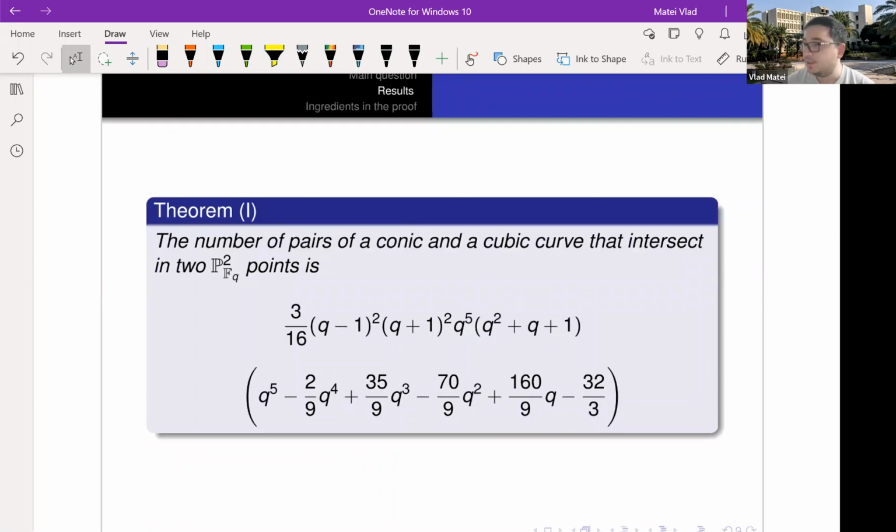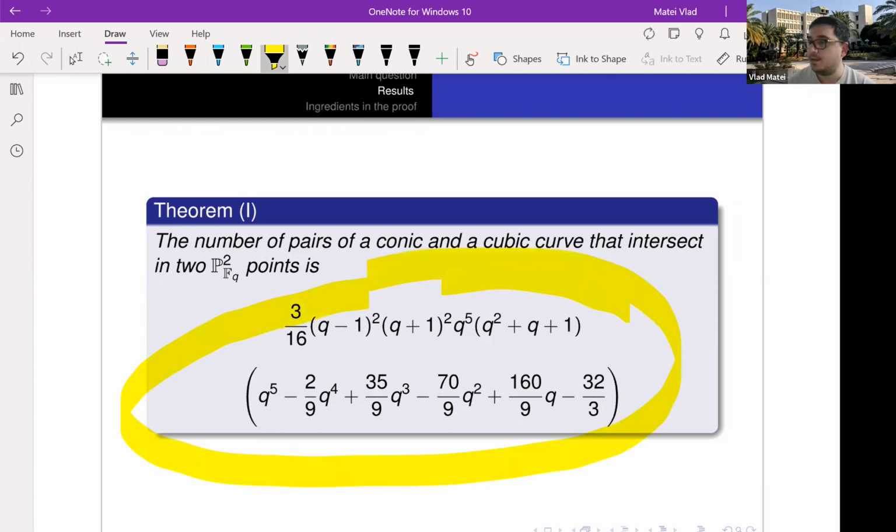Okay, so let me jump in and give some formulas, since I promised I'm going to give some explicit counts. Namely, we show in one of the papers that's already on arXiv that the number of pairs of a conic and a cubic that intersect in exactly 2 FQ points is this one. So the form of this is a bit weird. This is due to the fact that we're using Sage to compute this out. So I'll explain a little bit where the computer algebra part comes into play.